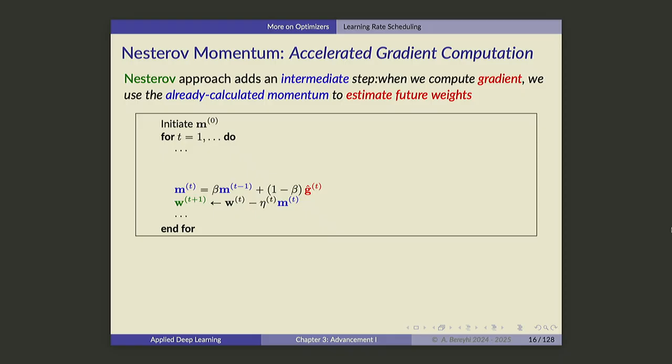If you look at this expression, let's call it t plus 1. What is w t plus 1? This is w t minus learning rate times m t. Set the learning rate to 1 to just get rid of it. What is the direction that you are going to? The momentum. So this is the momentum at time t.